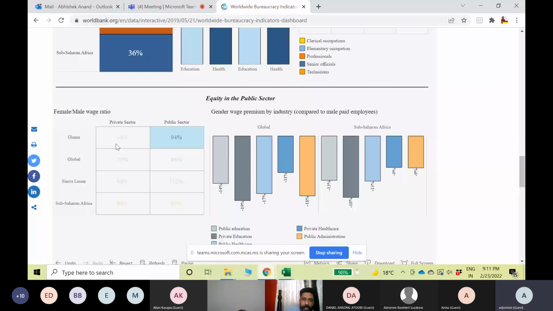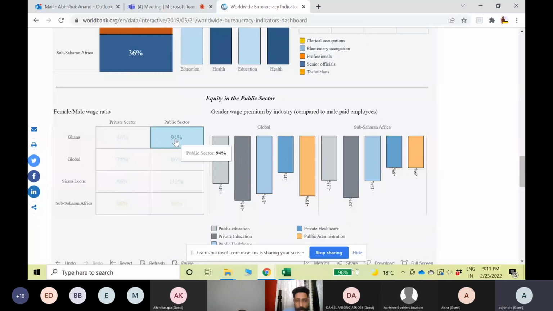Yes, let me try and explain it again. I'll explain it one last time and try to make it simple, and then please come in. To put it very simply, in the private sector, on average, suppose the wage rate for males is 100 units, whatever the currency is. For females, the average wage is only 46 units.